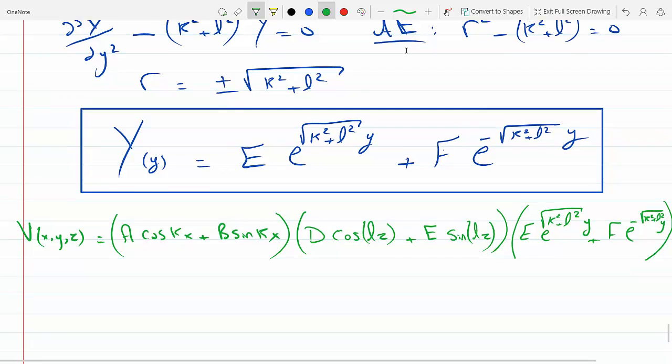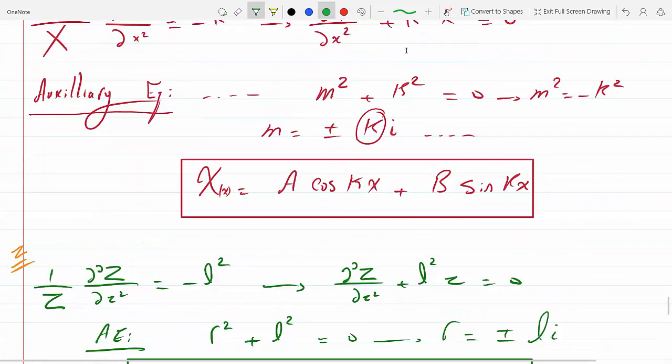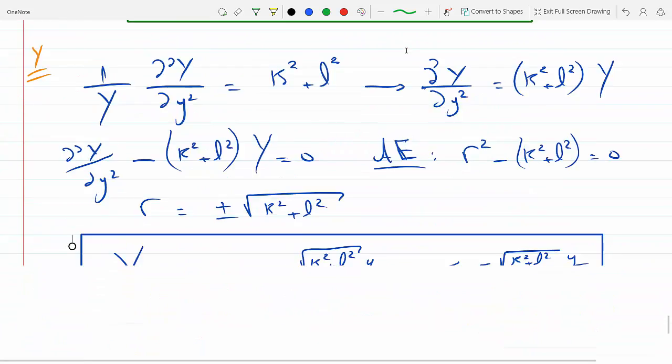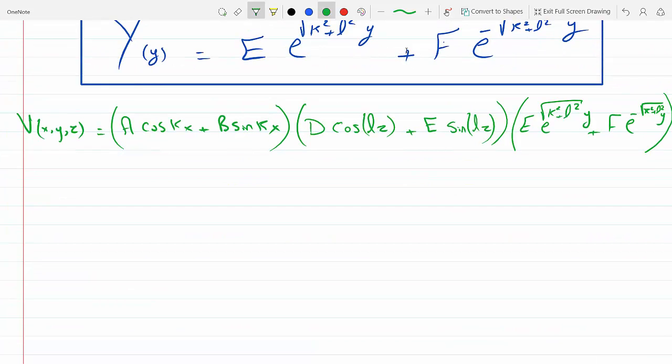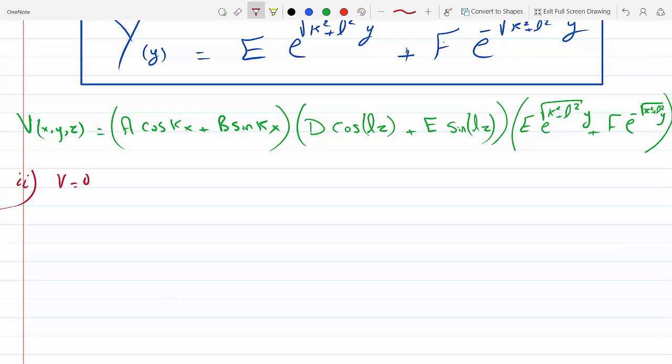So we know, let's start with the second one, easier. V equals 0 at x equals 0. Those other terms are unaffected, right?